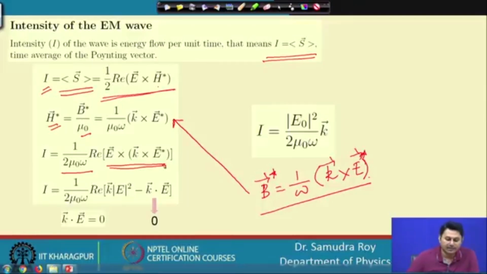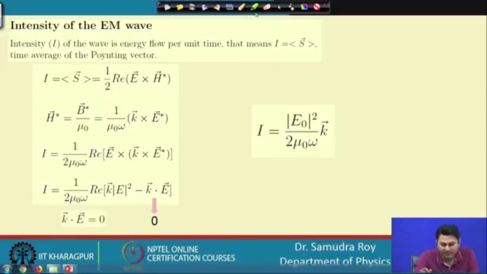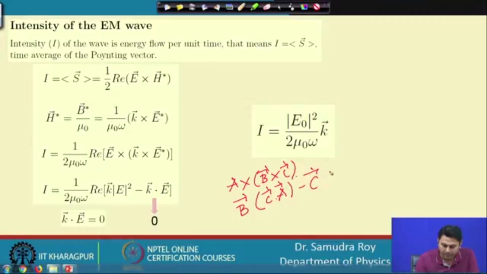If this is the case, then I can expand A cross B cross C. We know that A cross B cross C is something like B times C dot A, minus C times A dot B.